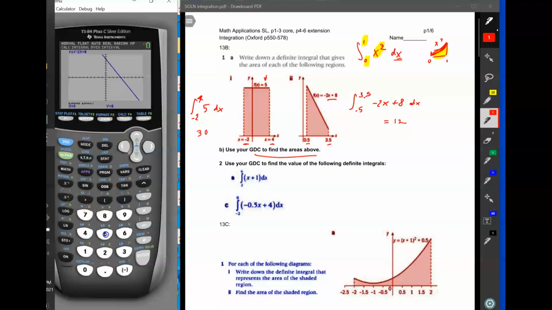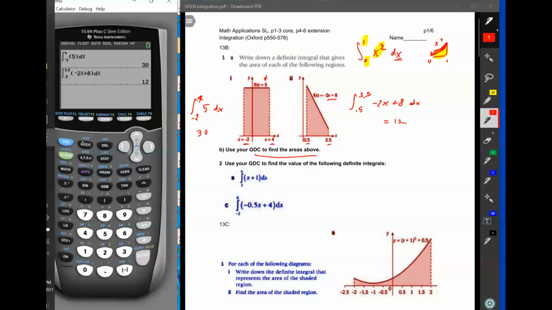And I'm going to put 0.5 for my lower limit, enter. And I'm going to put 3.5 for my upper limit. And it'll color in pretty much what's there, and you can see that the answer is 12 like I had there. Okay? Alright. Now that I've showed you both ways, you can use either way to do the rest of the problems, okay?